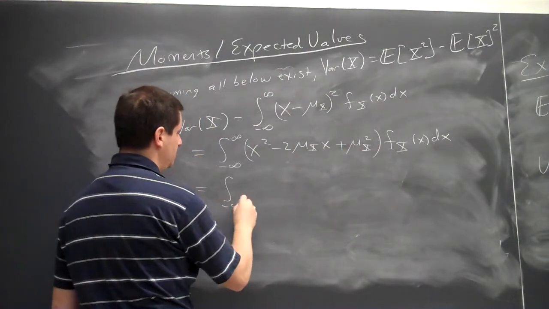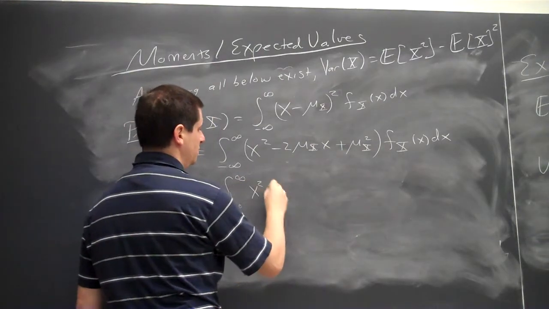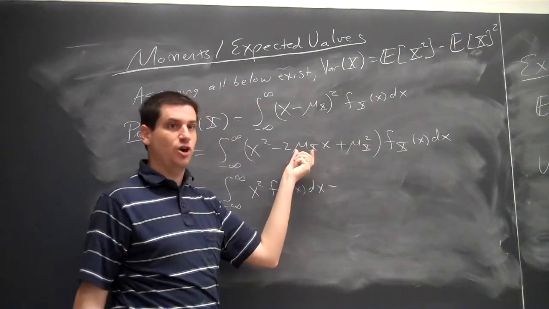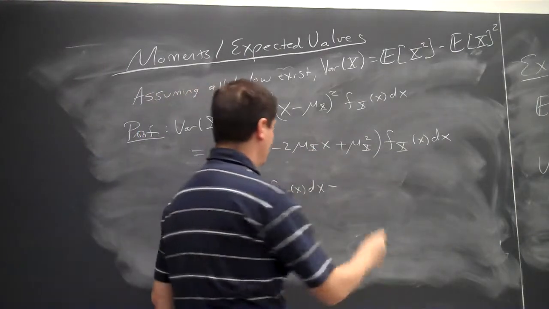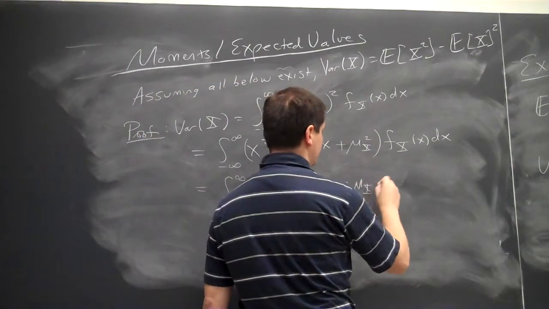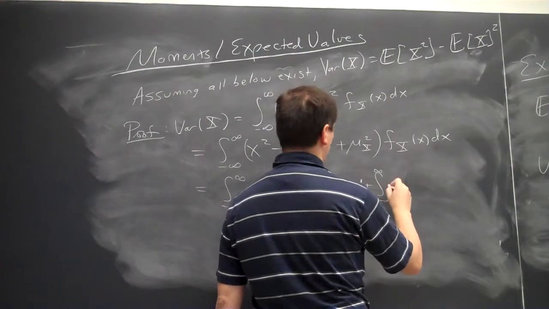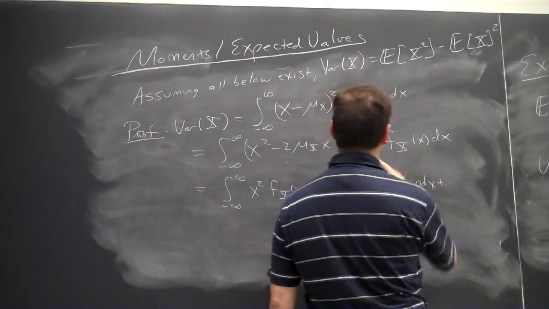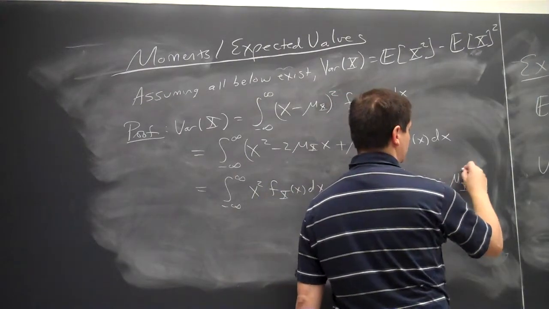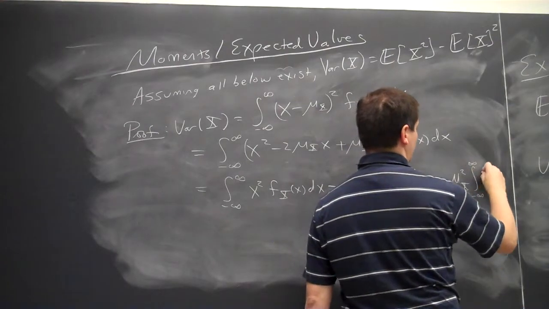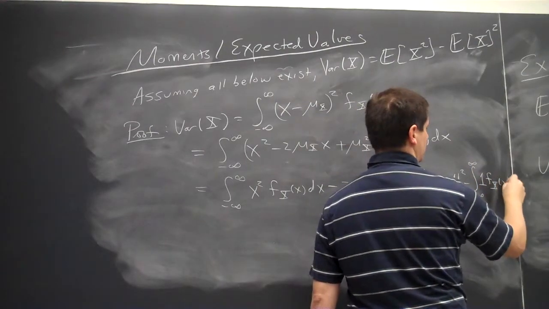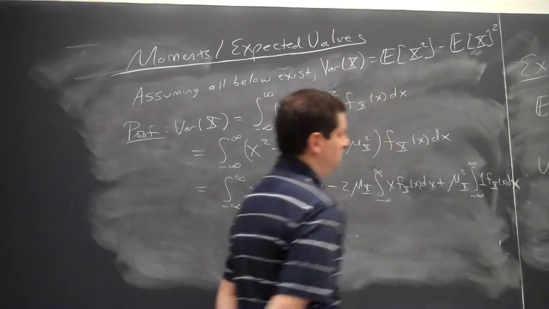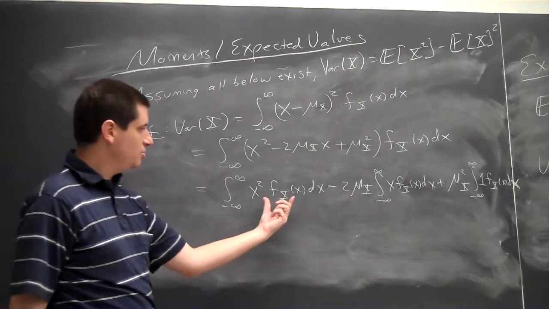So I now get the integral from minus infinity to infinity of x squared f_X of x dx. Now, mu_X is a constant, so I can just pull that out. So minus 2 mu_X, integral from minus infinity to infinity of x f_X of x dx, plus, and I can pull out the mu_X squared, the integral from minus infinity to infinity of 1 times f_X of x dx. Okay. What's this integral here?